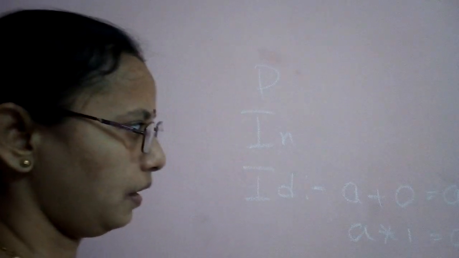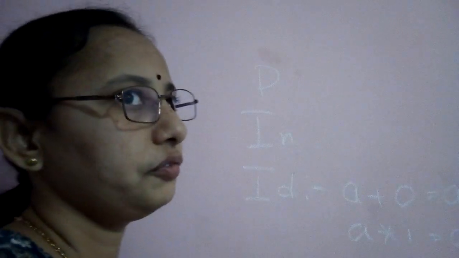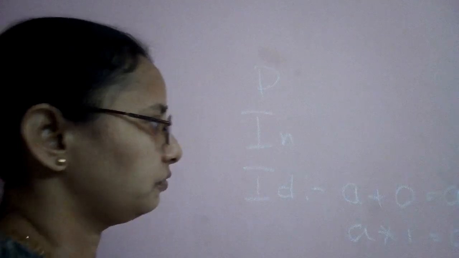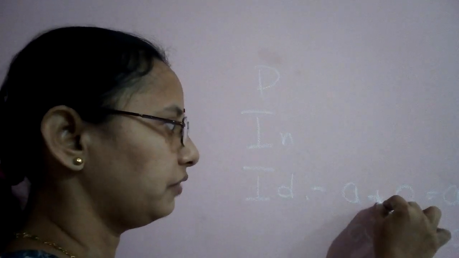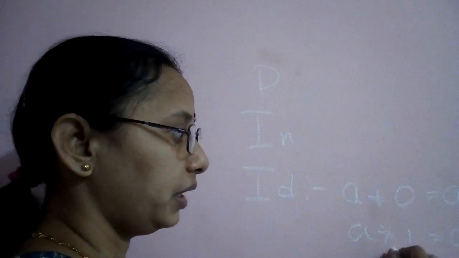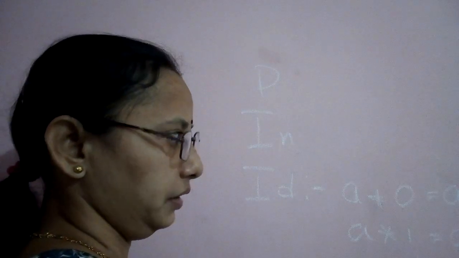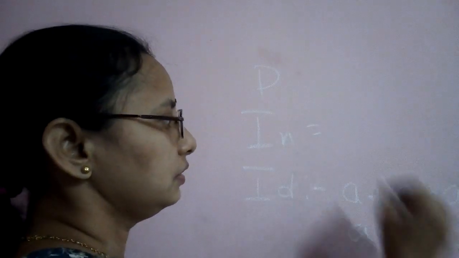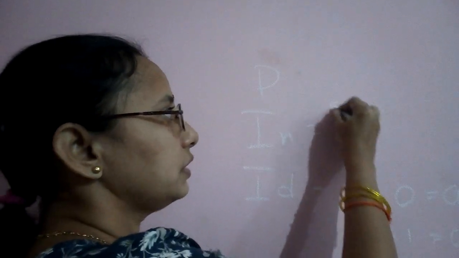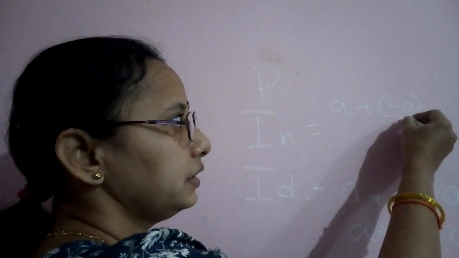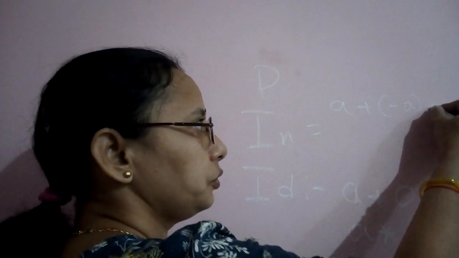to a. For identity we use only 0 and 1: for addition we add 0 and we get a, and we multiply by 1 and we get a. For the inverse, in the same way, we use a plus minus a, because the inverse of plus a is minus a, and when we add it we get 0.